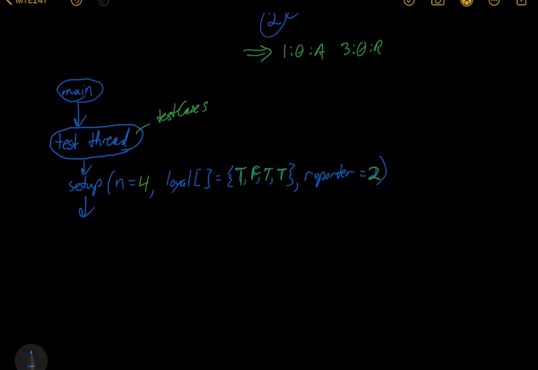So once it calls setup, then it's going to call start generals, and start generals is going to create 4 general threads, and they will each have an ID. The code that figures out their ID is provided. Not that you couldn't do it.